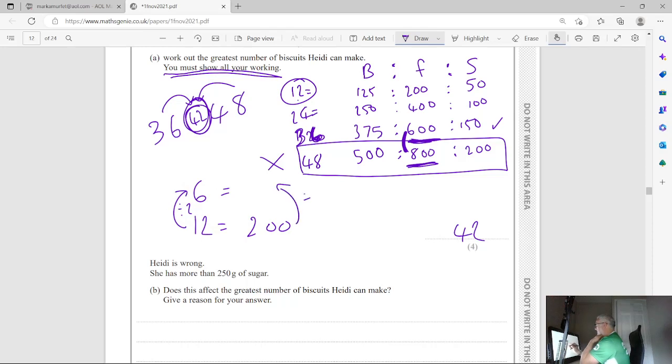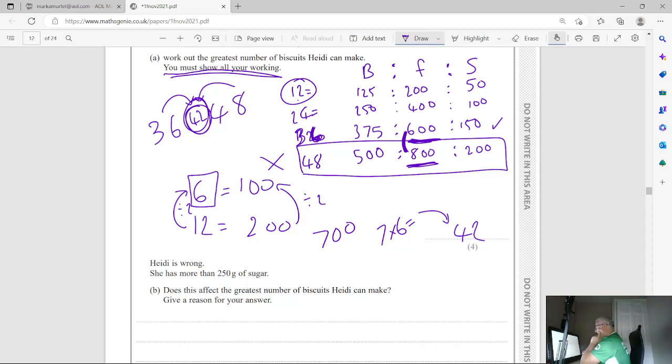So let's halve this. It's going to give me 100 grams of flour. I've got 700 grams of flour. So I can make, for every 6 biscuits, 7 times 6, which gives me my 42 biscuits.